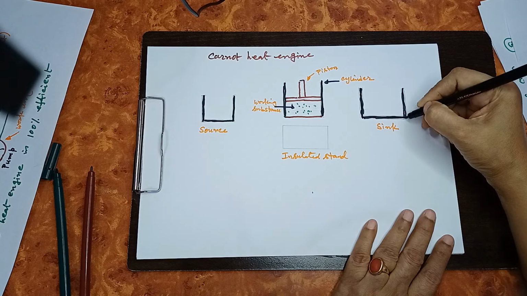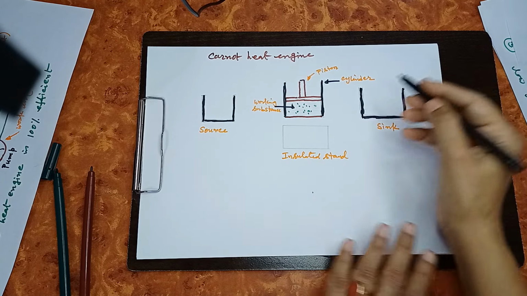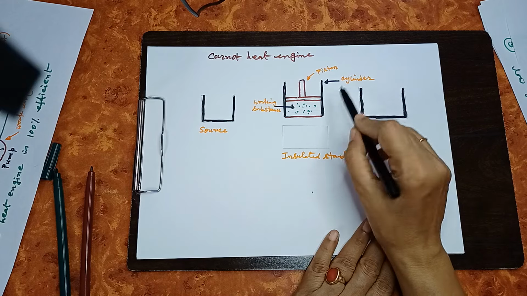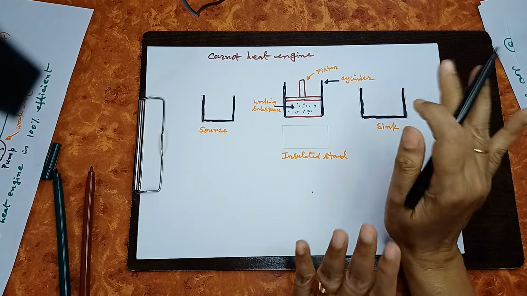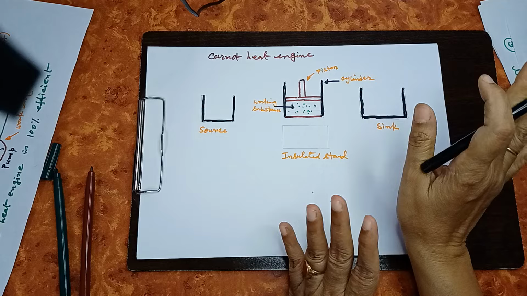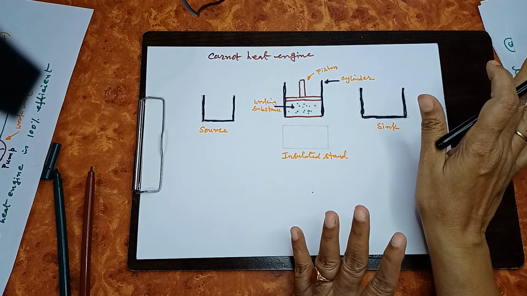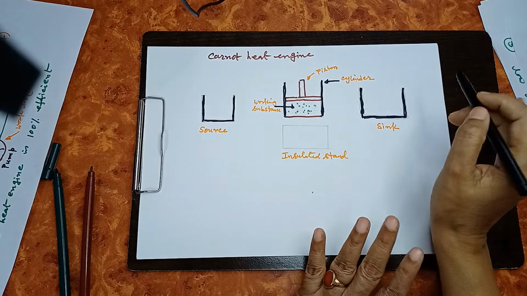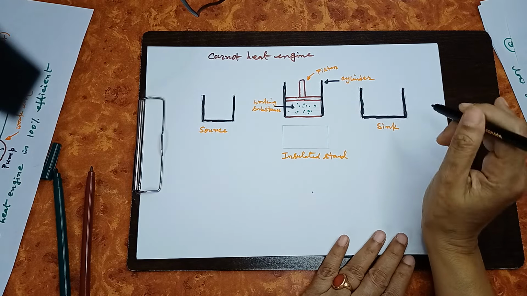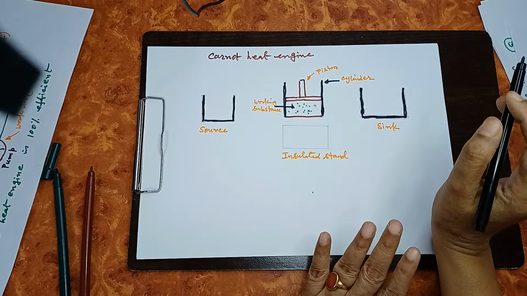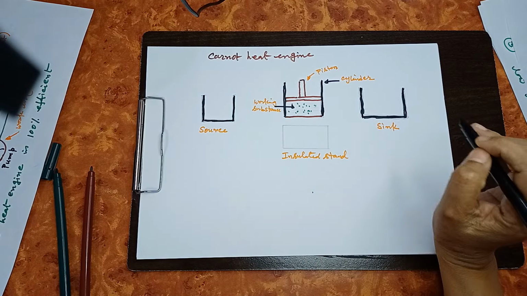Why? Because here heat is released continuously in the cyclic process, but still the temperature will not alter. So it has infinite thermal capacity. So this is low temperature sink.